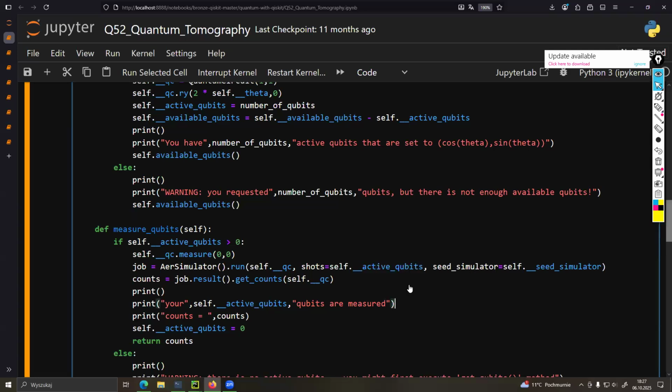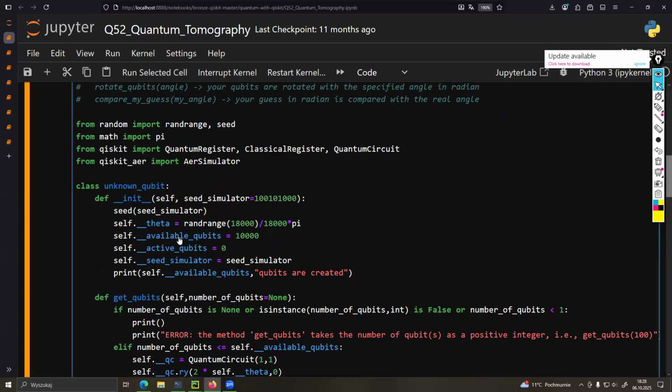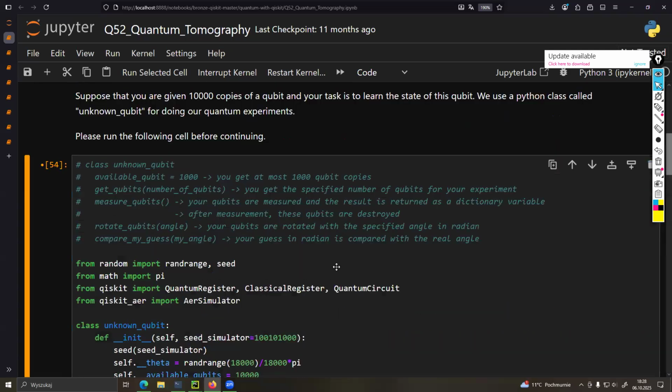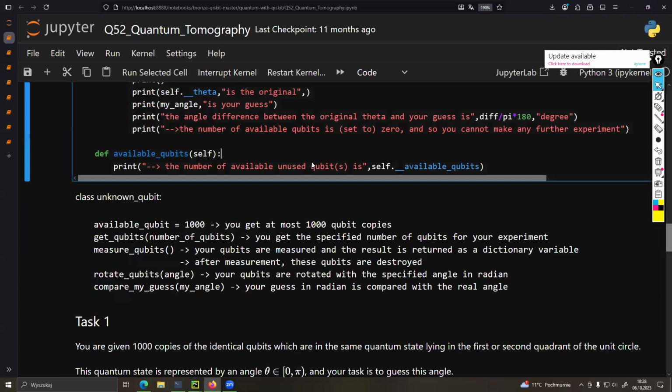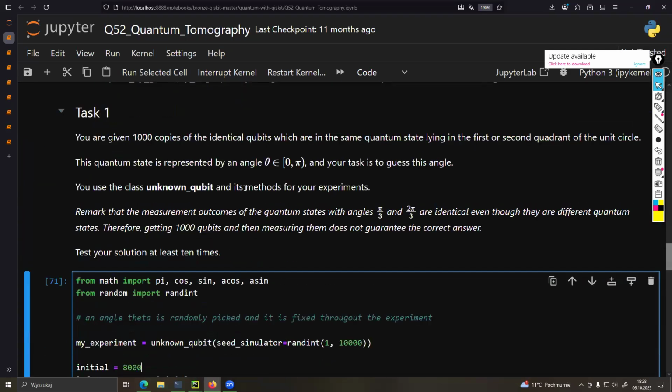Then after that, I have a seed simulator. This is a parameter that will set in stone the output of the experiment. So I will run this entire cell with Shift Enter. And now we have our experimentation set.